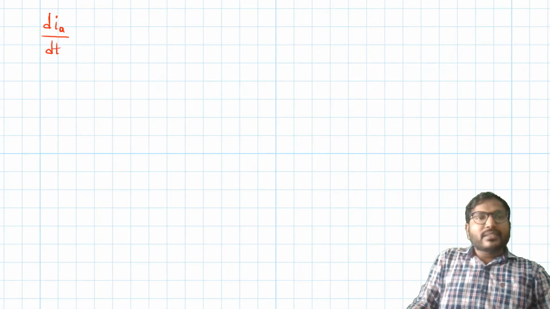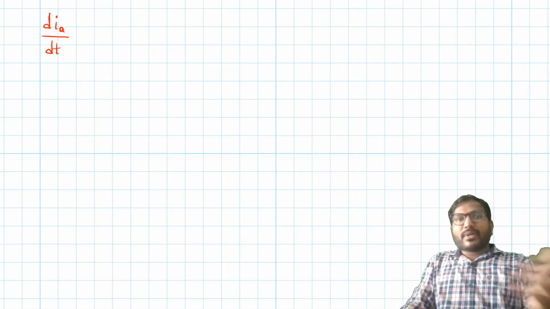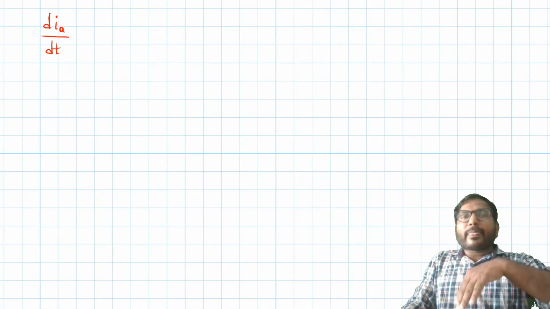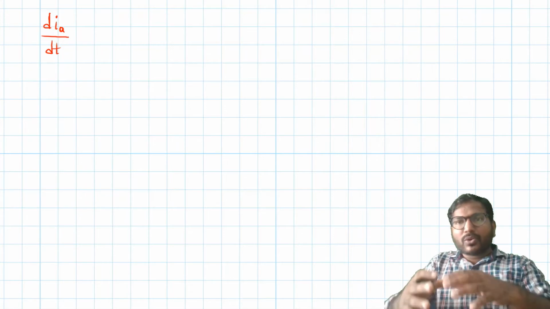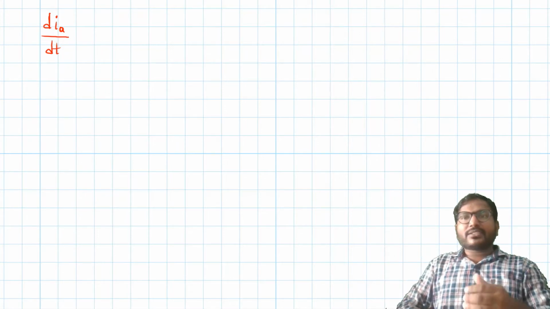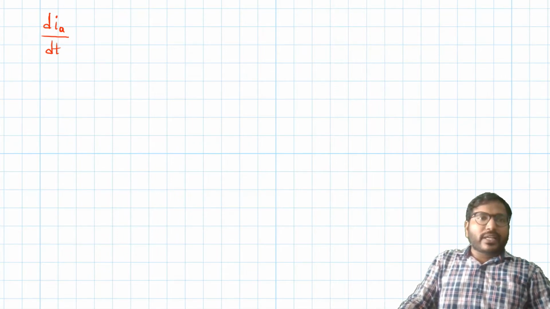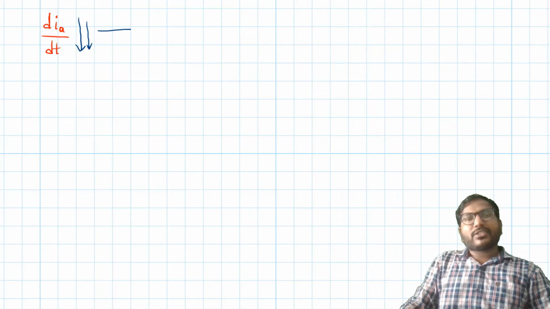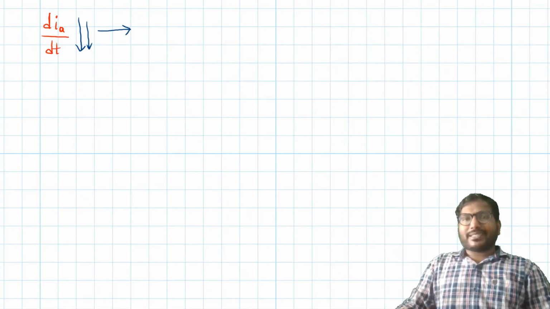That means there are two ways we can protect the SCR from this problem. One is to make an arrangement to spread IA throughout the layers, but that is not possible. Another is to decrease the magnitude of dI/dt. How can we decrease the change in current?